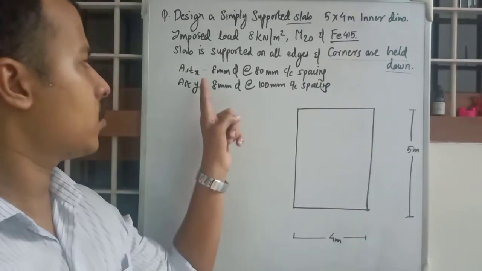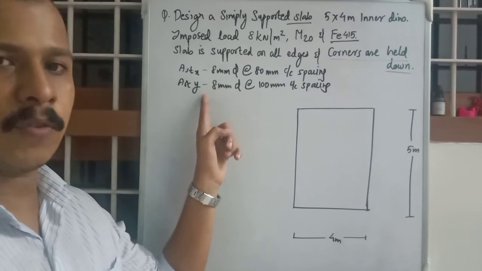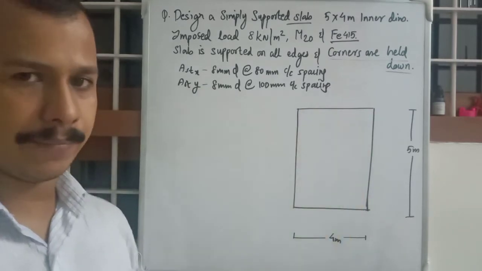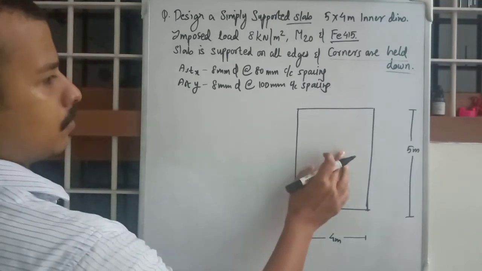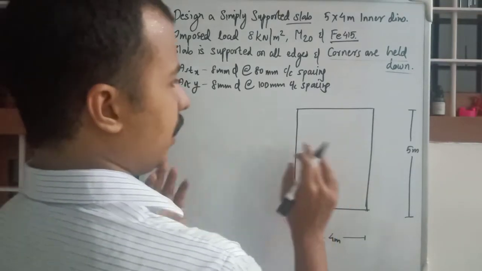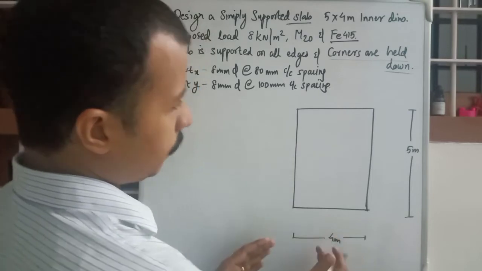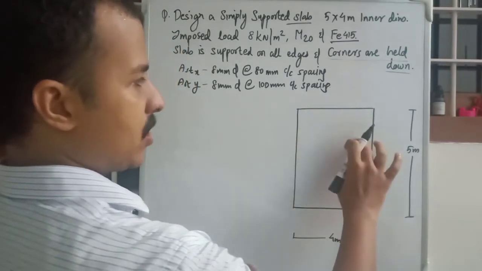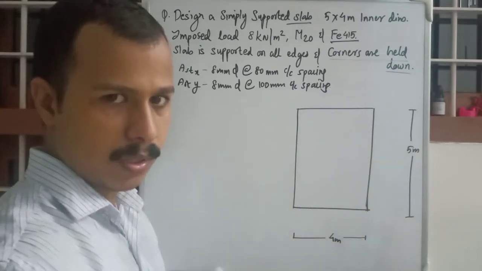So you have ASTx and ASTy values for reinforcement. We have the diagram. Okay, so we'll start drawing the diagram, or the representations of reinforcements here. So as we know, we said there will be a middle strip in each direction and two end strips, right?